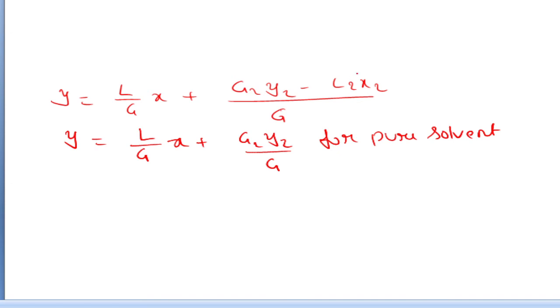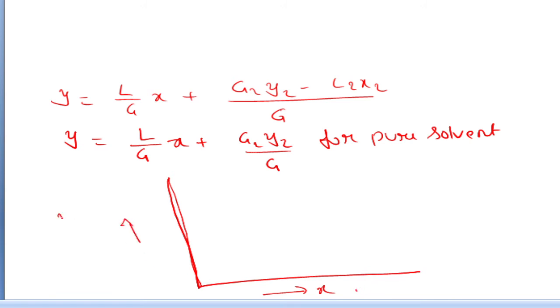Now if I want to denote this in a graphical manner, how can I denote it? You just see, suppose you have some equilibrium data, with the mole fraction of solute in the liquid phase and the mole fraction of solute in the gaseous phase.